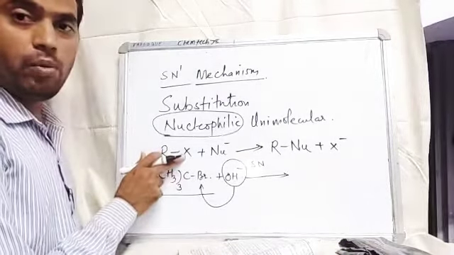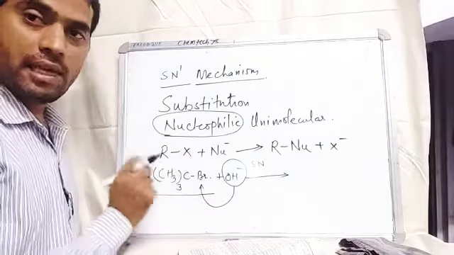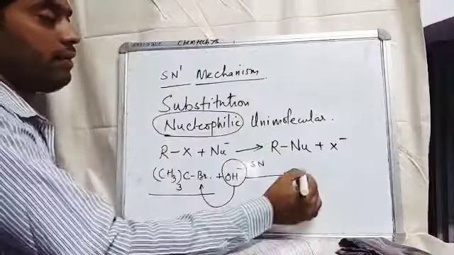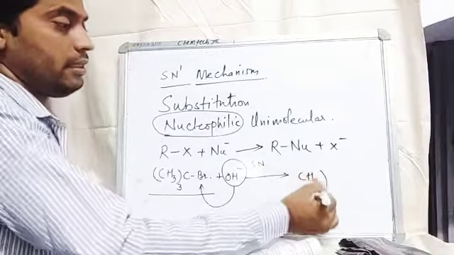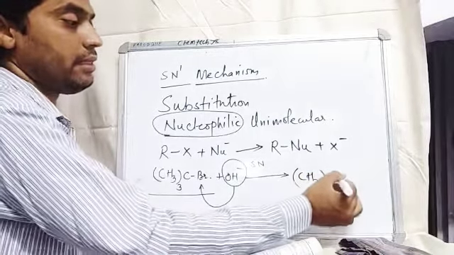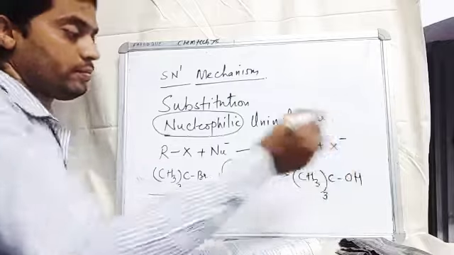Bromine is nothing but X. X means halogen. Now what we will get, (CH3)3COH.